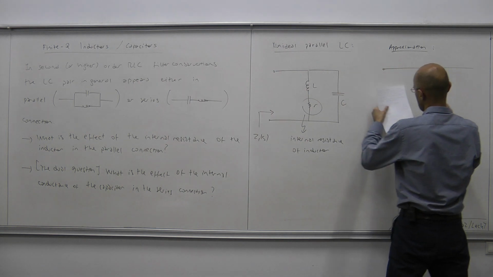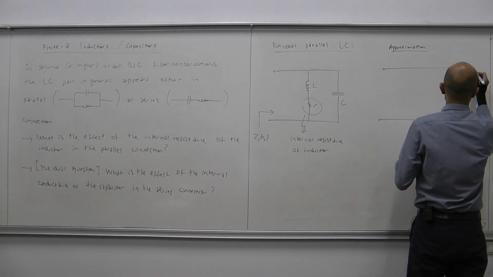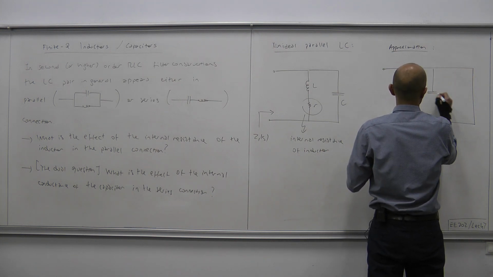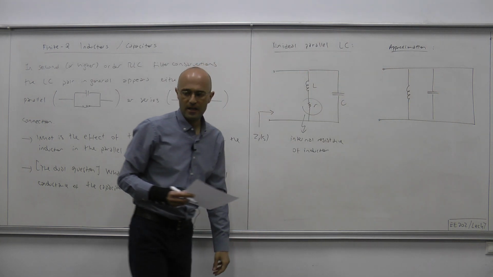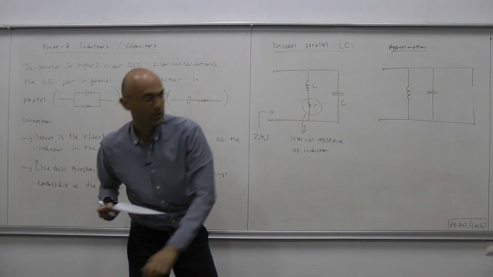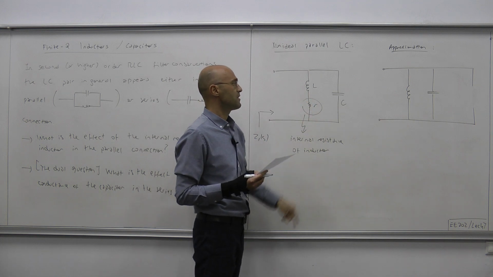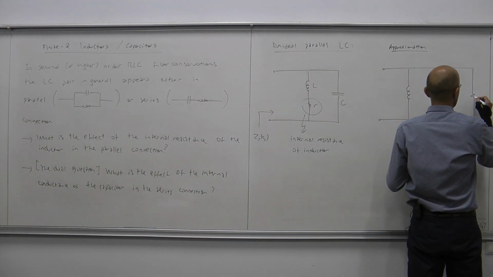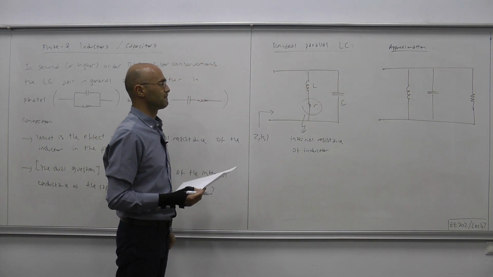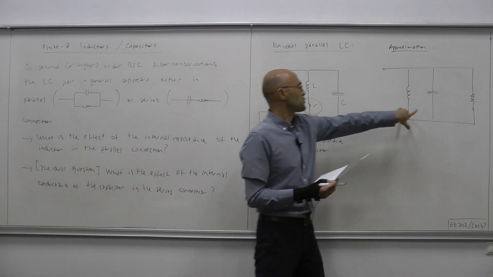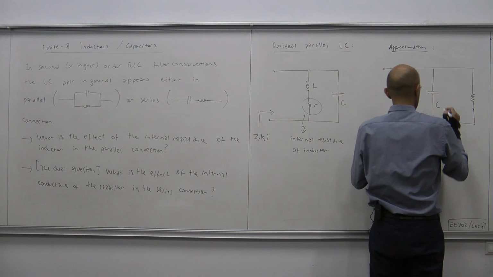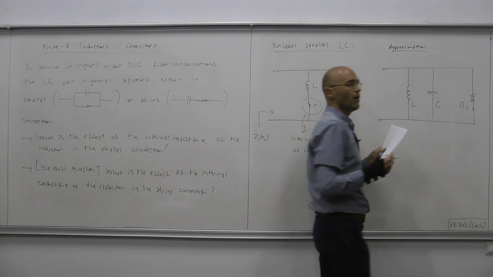In our approximation we have a more pleasant topology where the inductor and capacitor appear in parallel, and then the internal resistance of the inductor is represented as a resistor outside this parallel connection. So we have L, we have C, and here we have, let's call it R2.